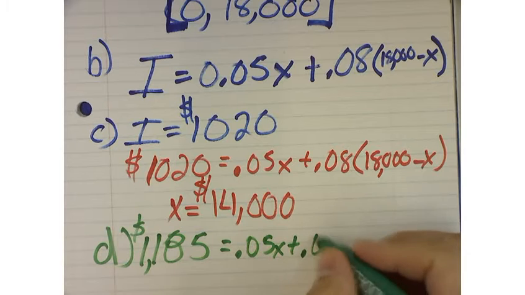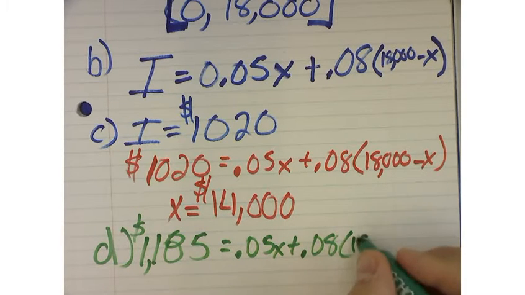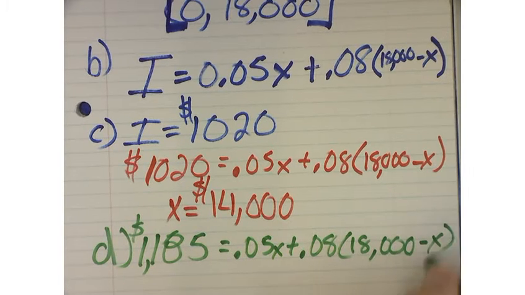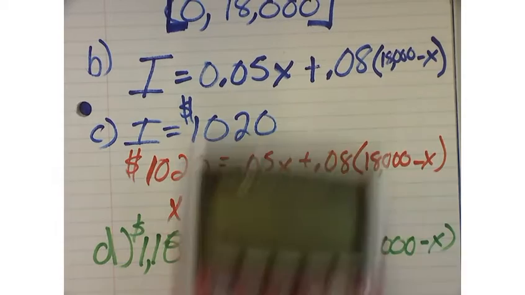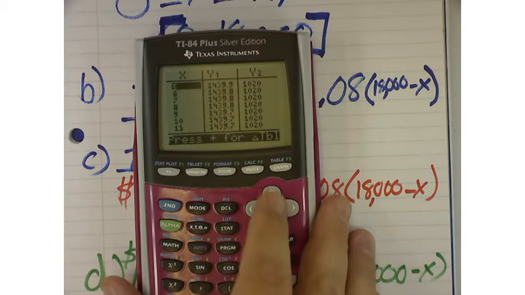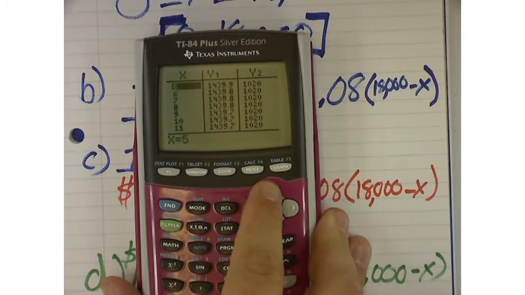And we're going to use our calculator to find the answer, but we're not going to graph two lines. What we're going to do is use the table of values and try to find 1185. So if I hit second table, what I'm looking for is when this y sub 1 equals 1185.